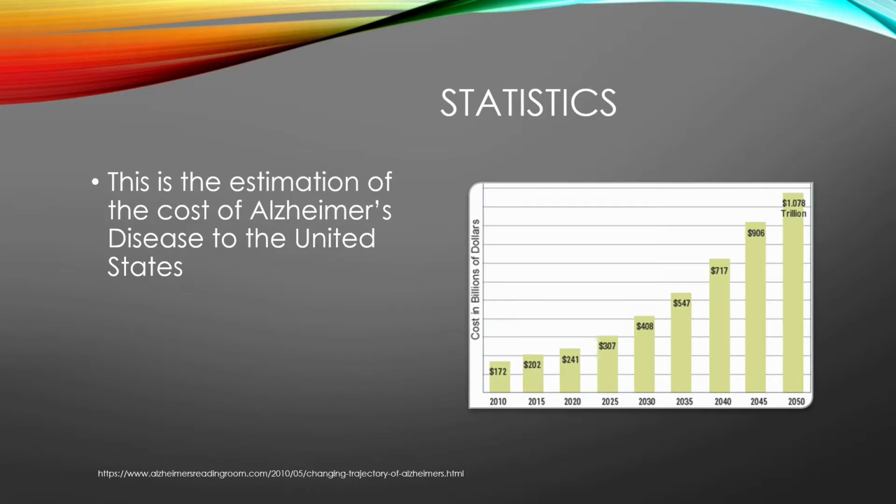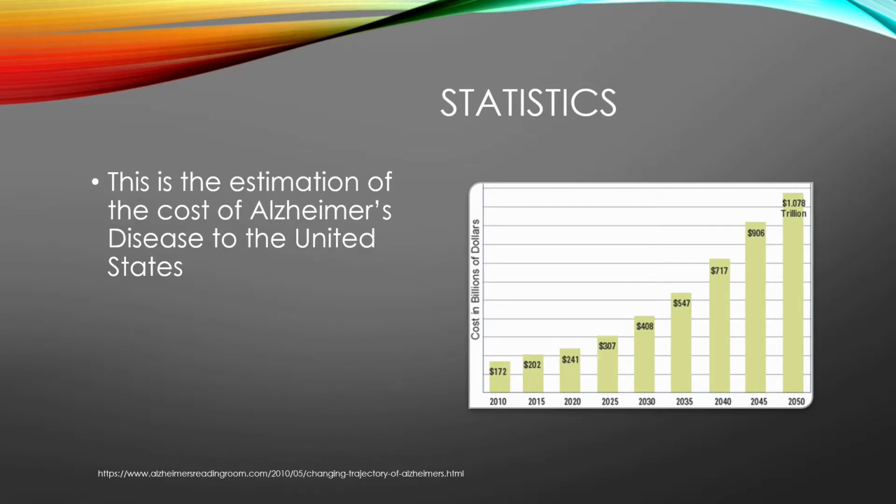In 2010, the cost of Alzheimer's disease was $172 billion with a B. And you can see how small that graph is. And as you go on, by 2030, it's going to be $408 billion. I believe that's it right there.